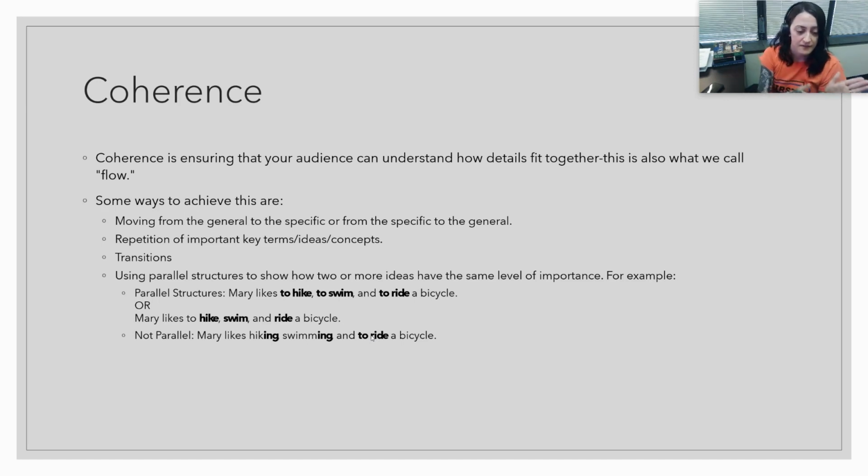So again, make sure everything is coherent, that everything makes logical sense. I introduce a thing, I pull evidence, I elaborate, I wrap it up, I move on. Coherence, again, if I have these 3 main claims in my thesis, they follow that order in my paper. My conclusion restates that thesis. It gives the audience a reason as to why this paper matters.